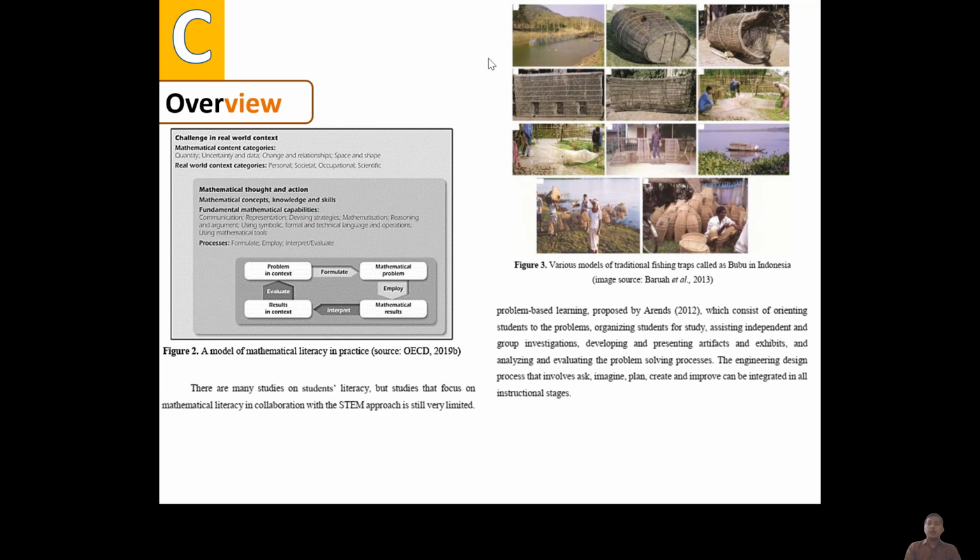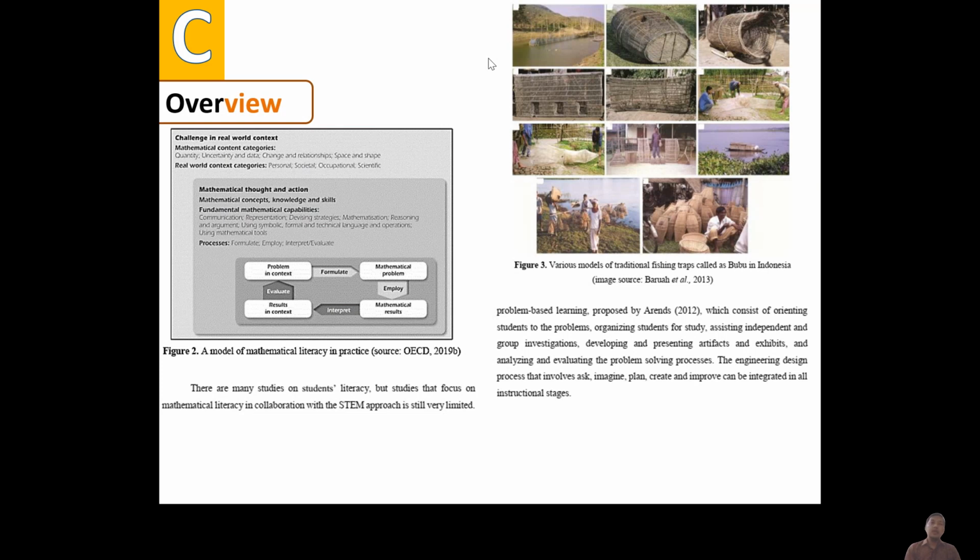We are using the framework of PISA, especially in mathematics. As we know, mathematics has two domains: the content domain and the competence, or process, domain.